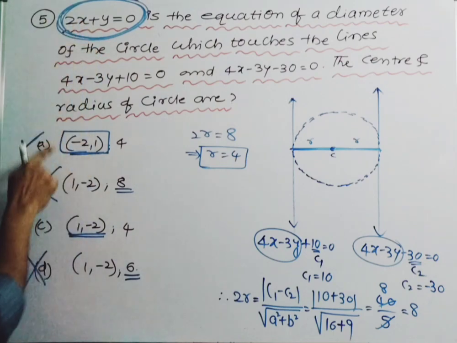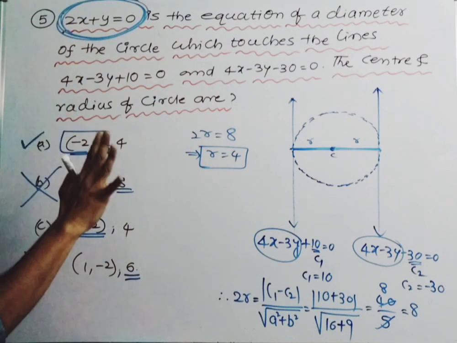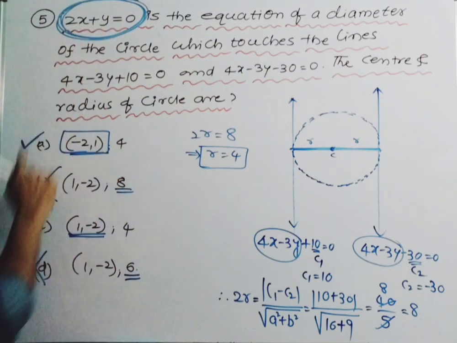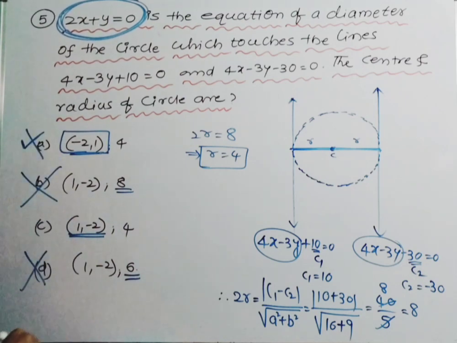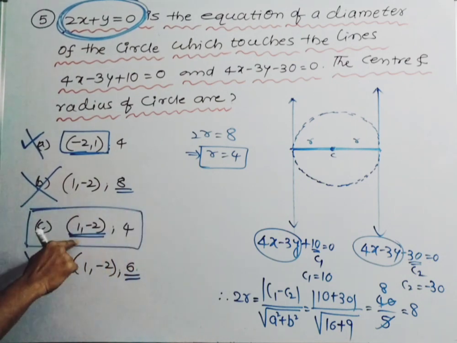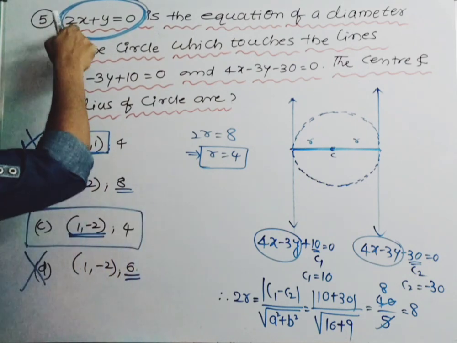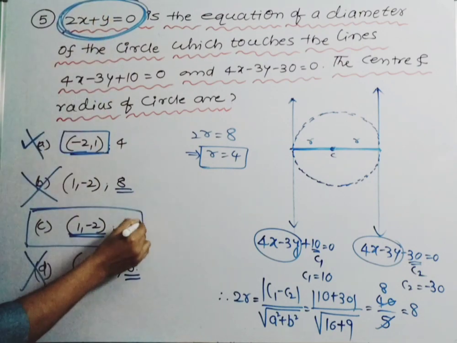Chalo, check it out. x replaced by minus 2: 2 into minus 2 is minus 4, plus 1, minus 4 plus 1, not satisfying. Ruled out. Okay. And come to here. Automatically this is the right choice. But check it anyway. If you substitute x value as 1, that is 2, and y value as minus 2, 2 minus 2 is 0.